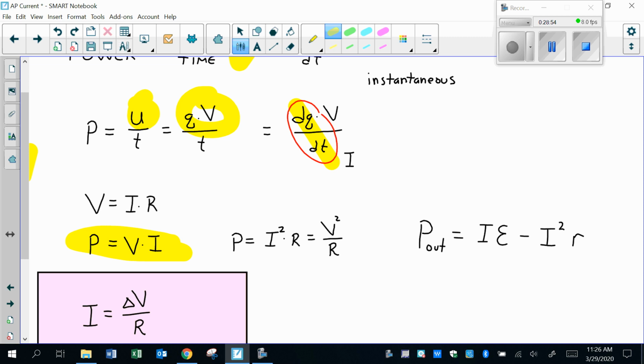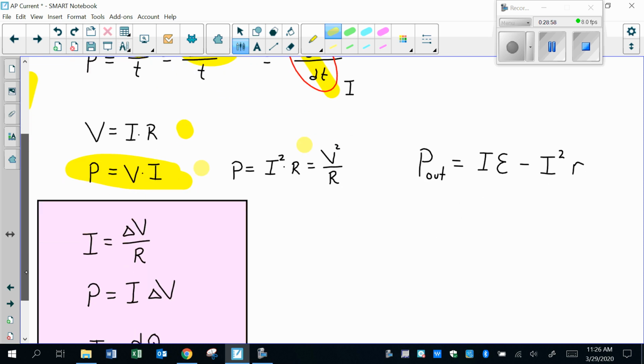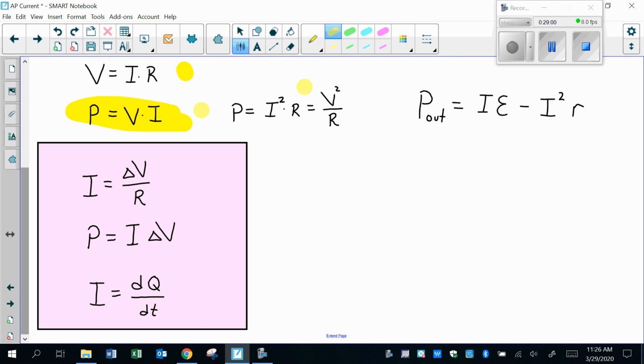We can do some substitution between the two equations here to get some of these. But we come down here, these are the equations given to us on our sheet. Power is going to be useful, which is talking about the brightness of a light bulb. Power is measured in watts. Watts is how bright your bulb is going to be, how much energy is being expended every second. So that's why we do use power a little bit more often than we do in our mechanics section.